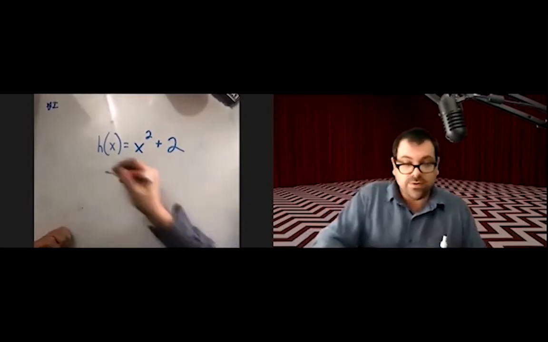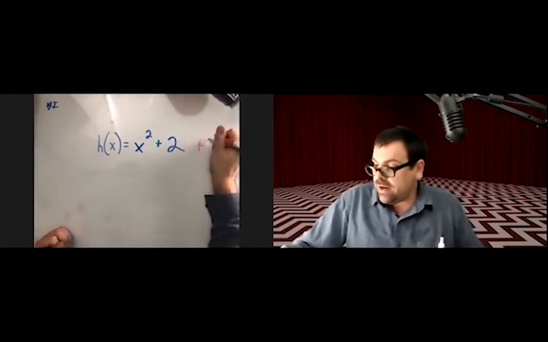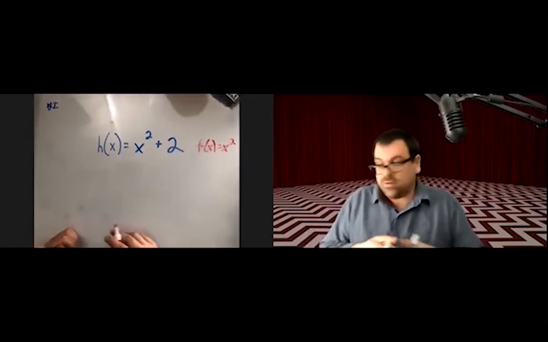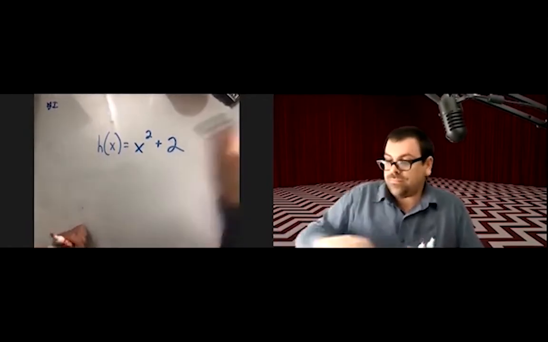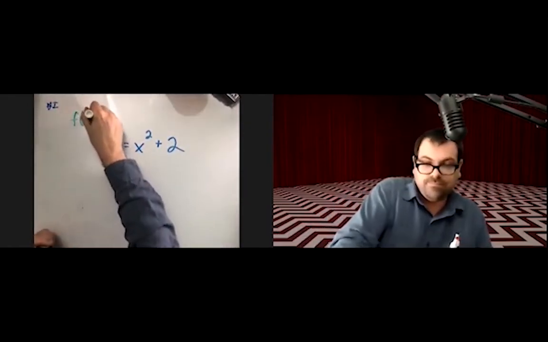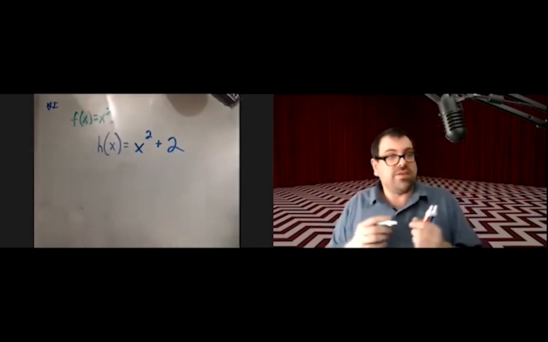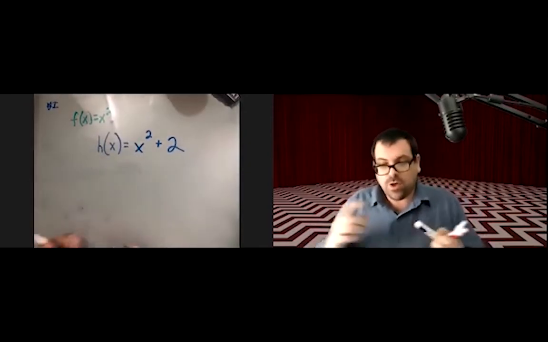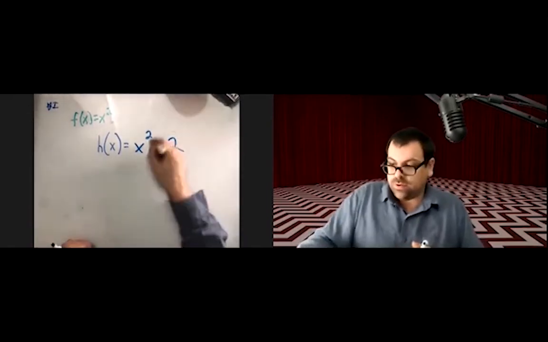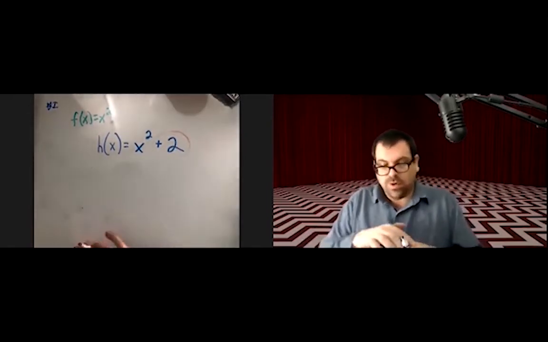Well, this is a squared, so the parent graph is f of x equals x squared. What's happening to the x squared? We're adding 2. Well, what does that mean?